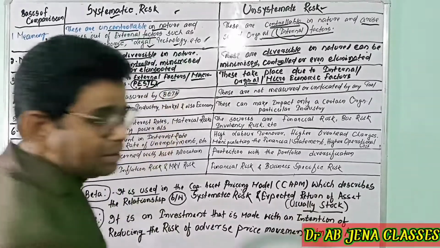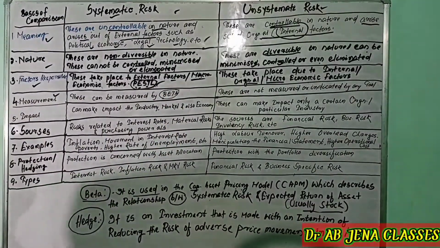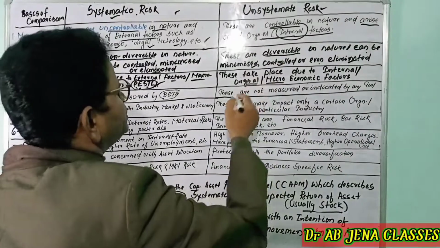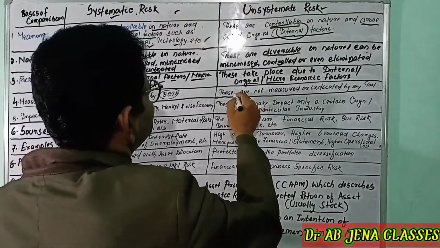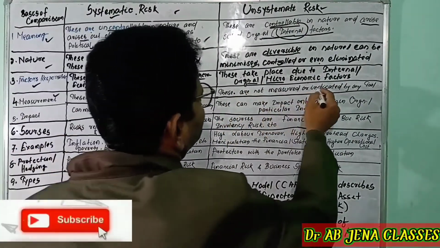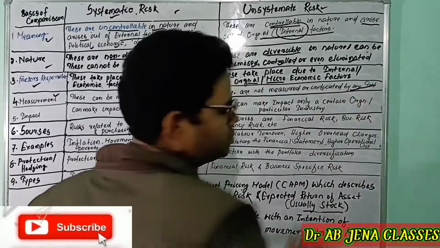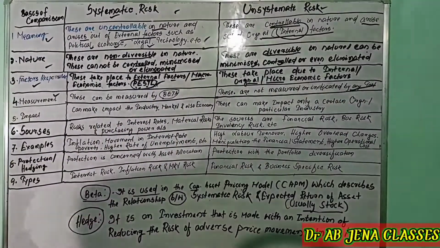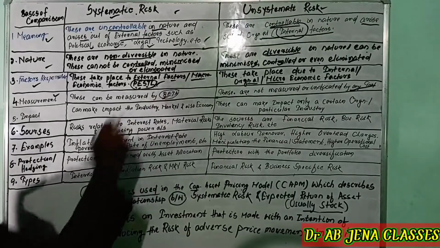Usually in the case of stocks. But in the case of unsystematic risks, these risks are not measured or indicated by any tool. So the tool for systematic risks is normally beta.